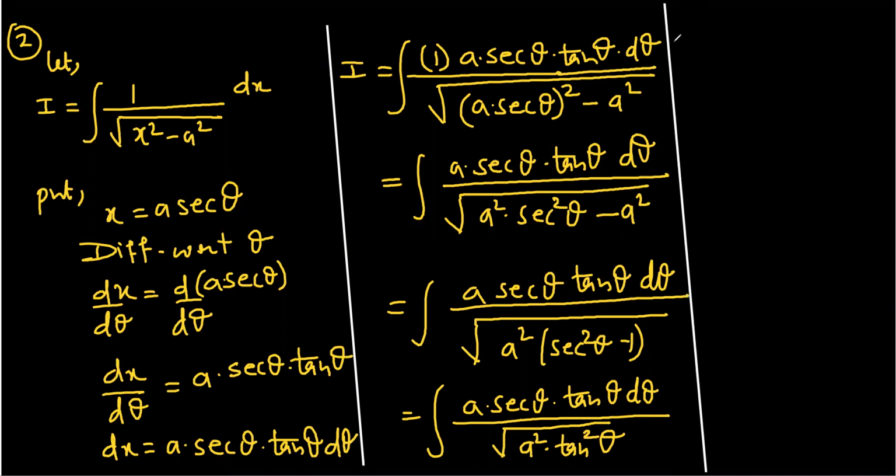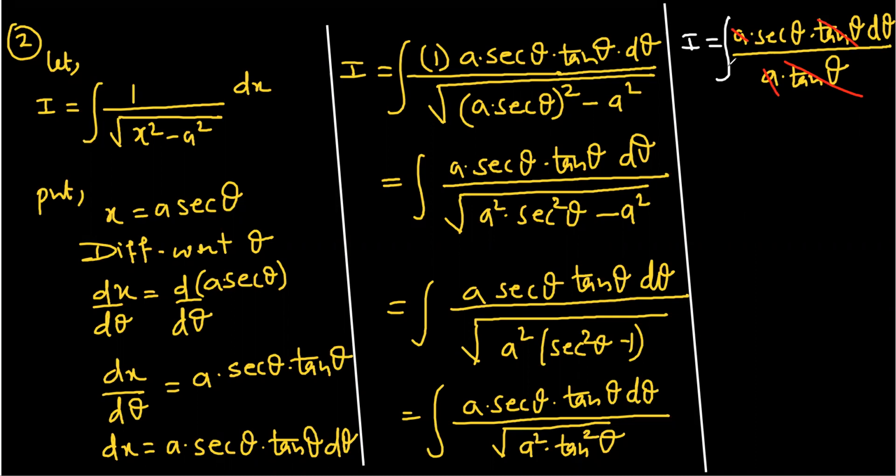So I get here I equals to a sec theta tan theta d theta divided by a tan theta, since the square root of a square tan square theta gives a tan theta. This a is cancelled and tan theta is cancelled. So you have once again sec theta d theta. I equals to integral of sec theta d theta.